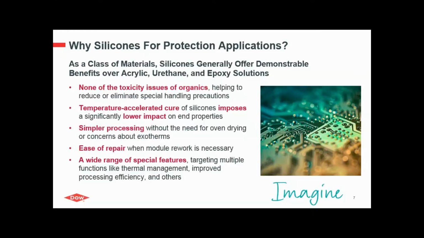And in case you would like to heat cure a silicone, it imposes a significantly lower impact on material properties compared to organics. They are also simpler to process without the need for oven drying or concerns about exotherms. And if you would like to rework your module, you can do this with a silicone, as it is quite easy to repair. Overall, silicones provide a wide range of special features which are targeting multiple functions like thermal management, improved processing efficiency and others, which you will learn more about in the following slides.